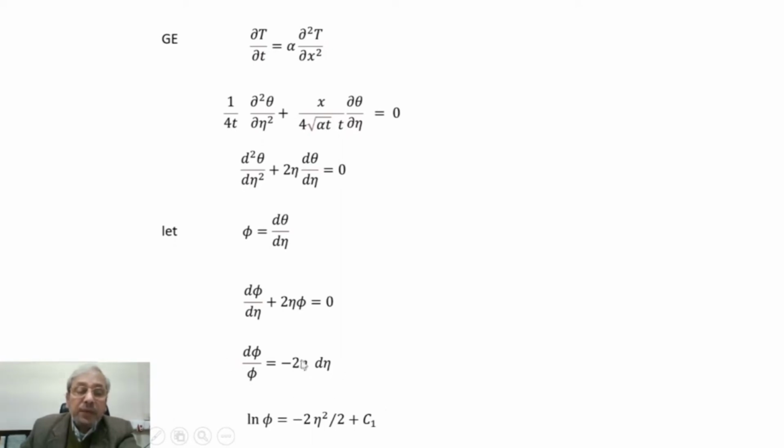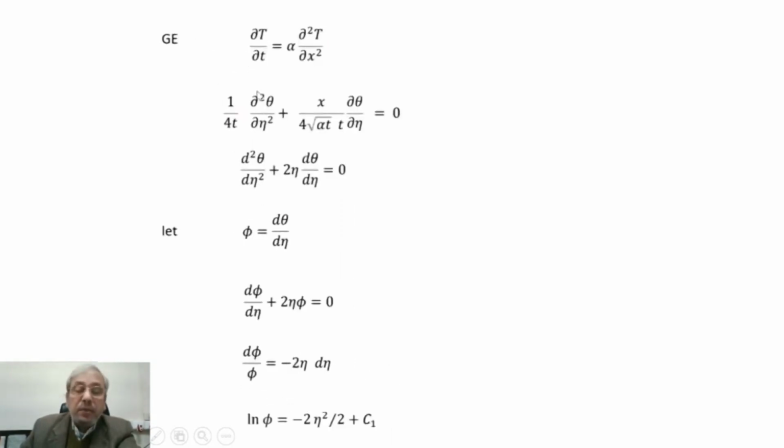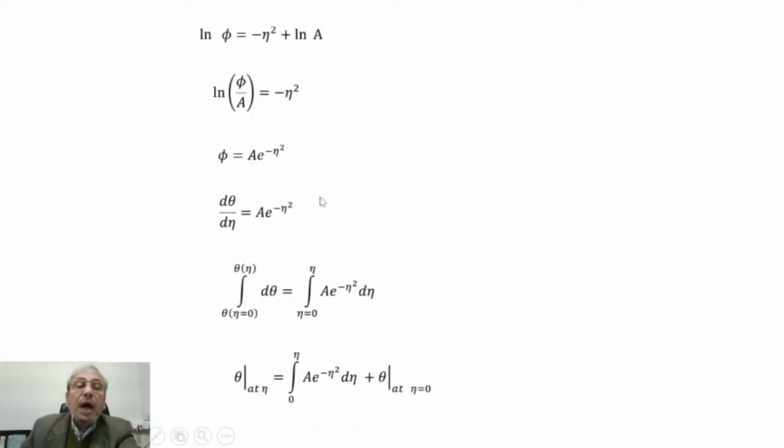And if we perform the integration, ln φ equal to minus 2η² by 2 plus C1. And then we can write this as ln φ equal to, this is same, minus η² plus ln A.